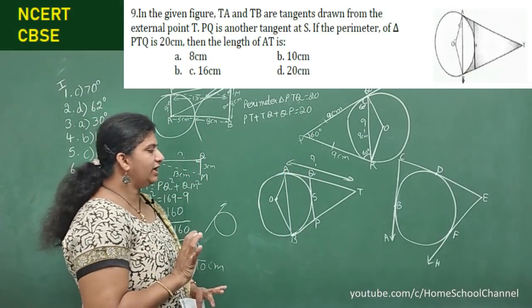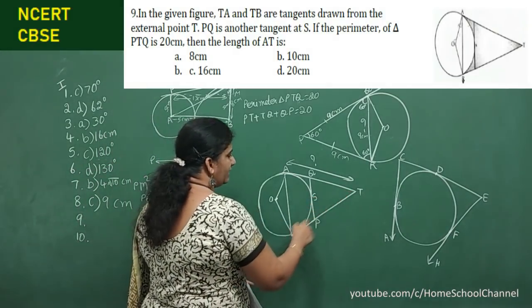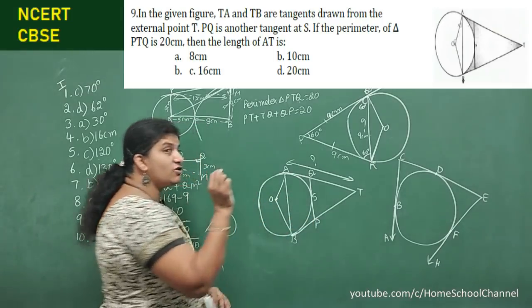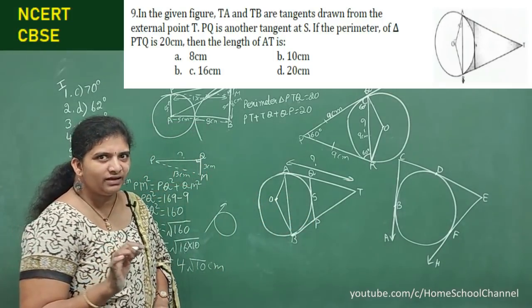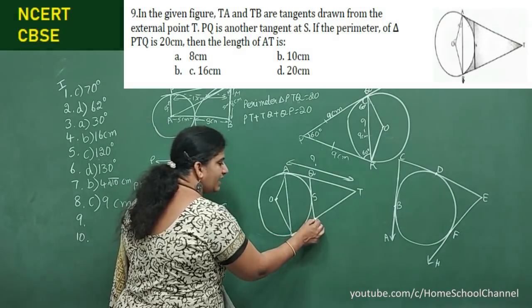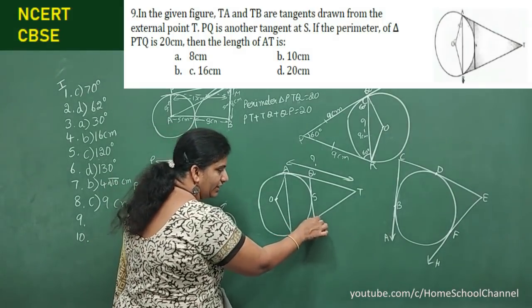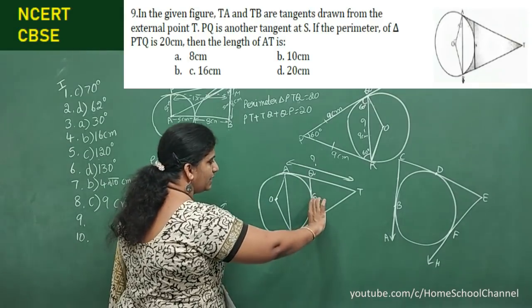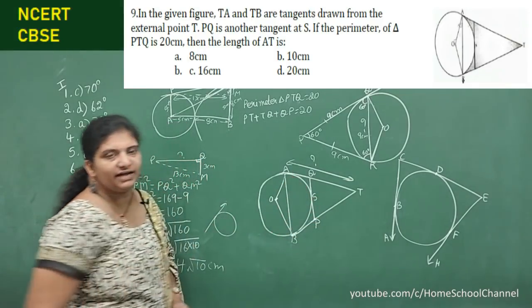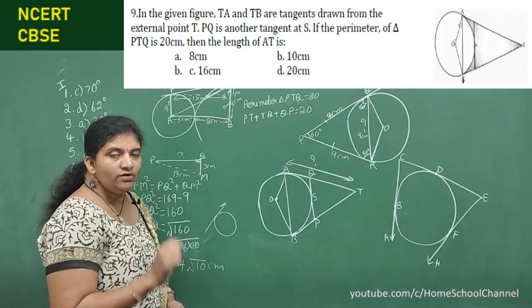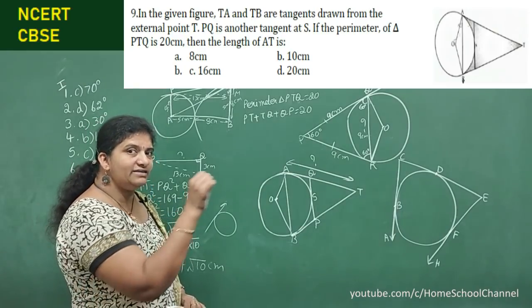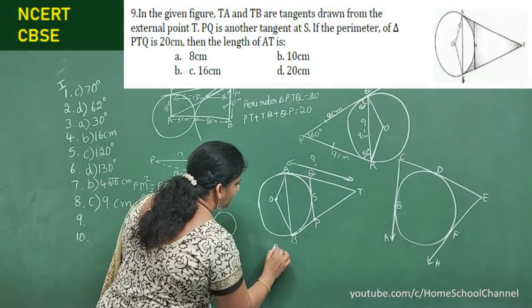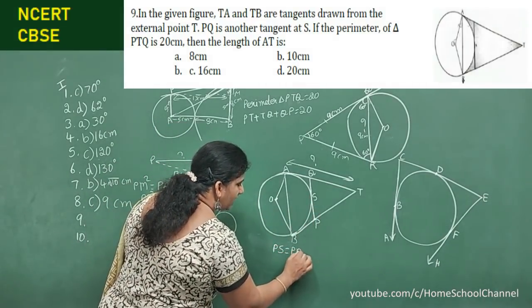Now observe carefully. If TB and TA are tangents, I can consider P is also an external point. Suppose I consider from this point, P is an external point and these two become tangents. PS, PB are tangents. I know from an external point, tangent lengths will be equal. Therefore, what can I say? PS equal to PB.